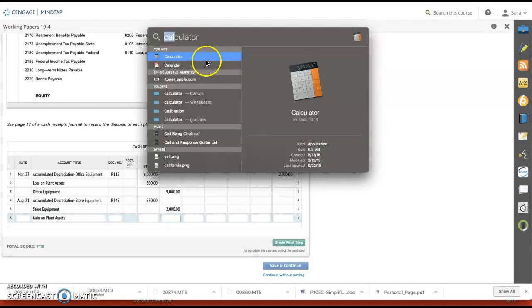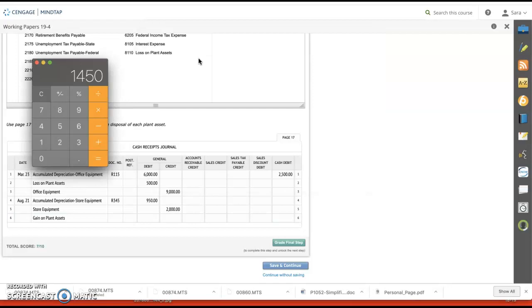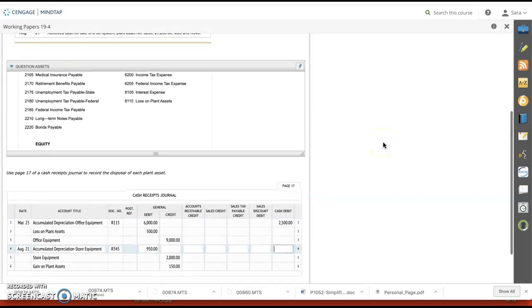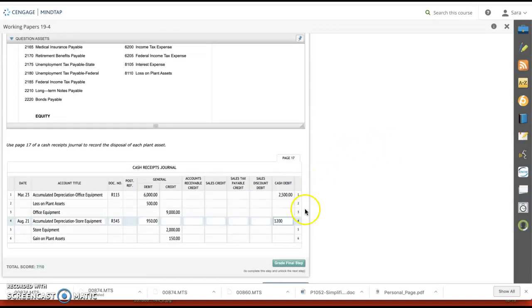That can't be quite right. I did not subtract right. $2,000 was the cost minus $950. Okay, $1,050 then. So if we take 1,200 minus 1,050, there we go, much better. $150 for our gain, and then up here in our cash debit, we'll put what we received, which was $1,200.